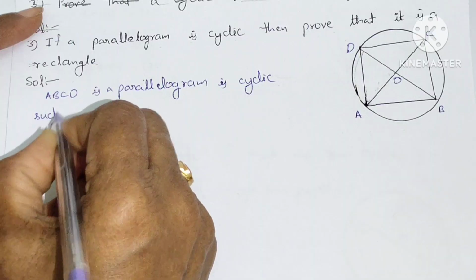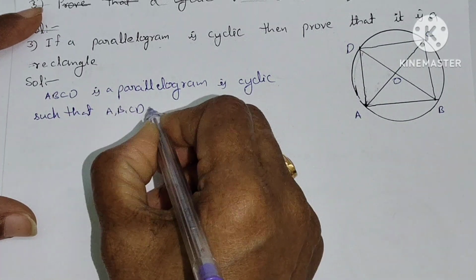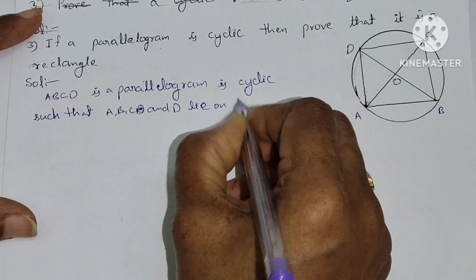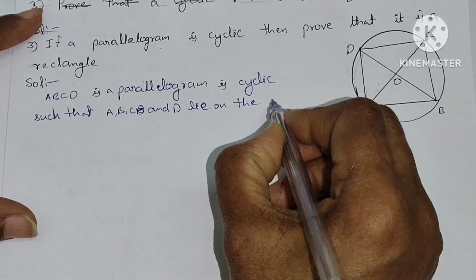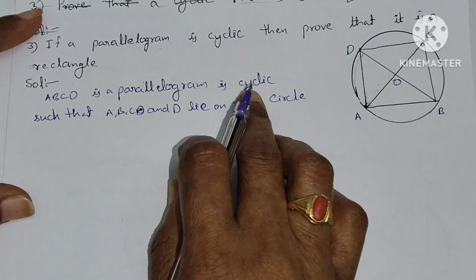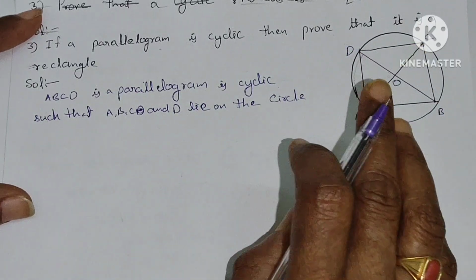So A, B, C and D lie on the circle, so it is a cyclic parallelogram. Lying on the circle means that in a cyclic parallelogram, the sum of the opposite angles is equal to 180.